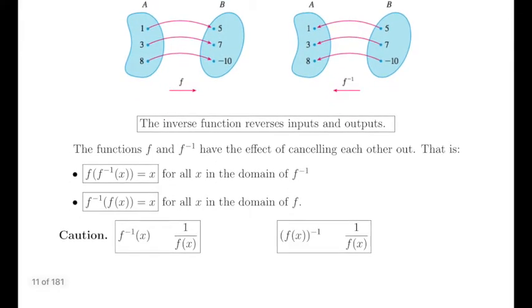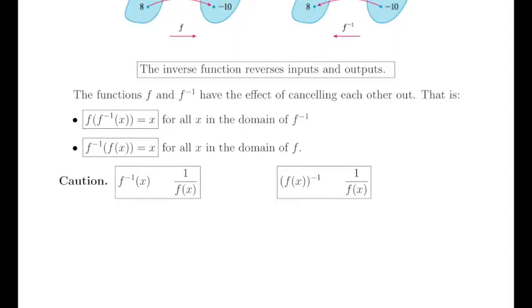Now there are some properties of the function and its inverse in that they have the effect of canceling each other out. Not actually canceling, but the effect of canceling each other out. That happens when you compose the function with its inverse. Here's a composition of f with its inverse, and here's another one but reversed, where f inverse is composed with f.